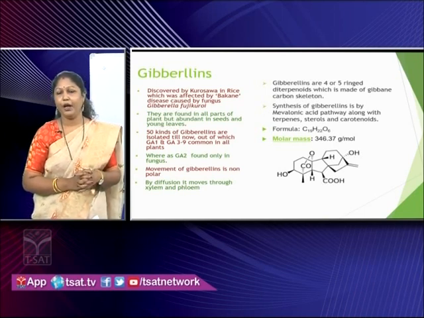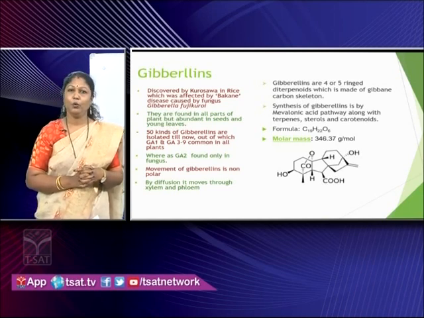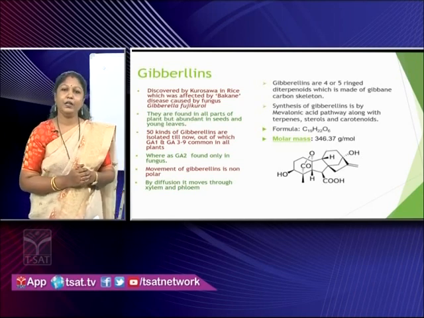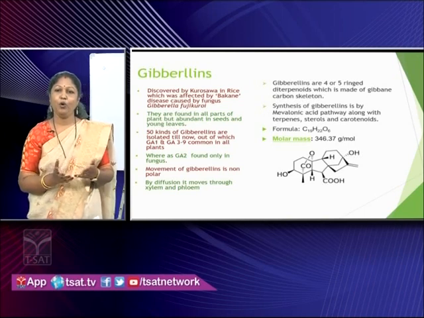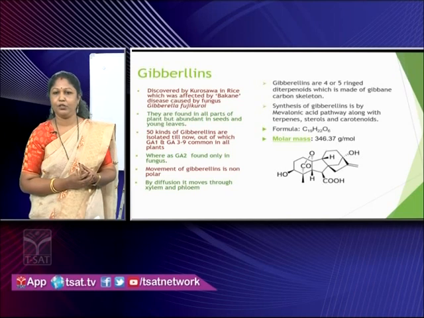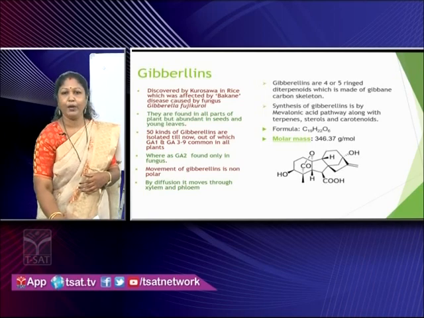They do not need any kind of energy for their movement, and usually they pass through the vascular tissues, that is the xylem and the phloem. If you look at the chemical structure, the gibberellins are basically 4 or 5 ringed diterpenoids, synthesized using the mevalonic pathway. This mevalonic pathway occurs in the plastids. So, along with the terpenes, sterols and terpenoids, even these gibberellins are synthesized using that pathway.